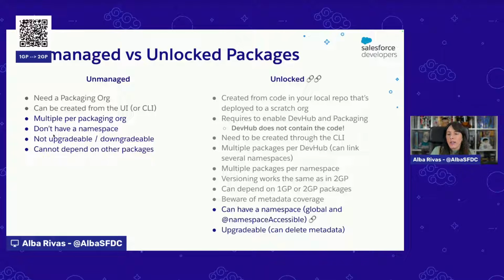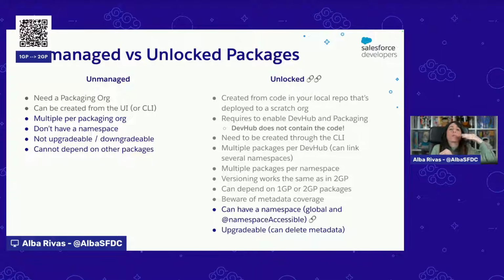Okay, let's talk about upgradability. So managed packages are not upgradable, and that's a big blocker for them, okay? Because you install a managed package in a subscriber org or wherever you want to install it, right? And the only way to install a new version is to uninstall it and install a new version of it, right?